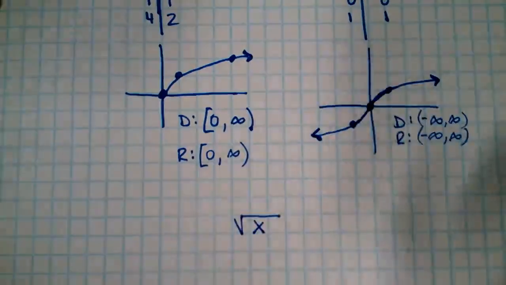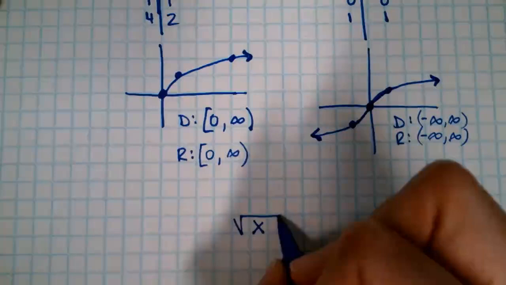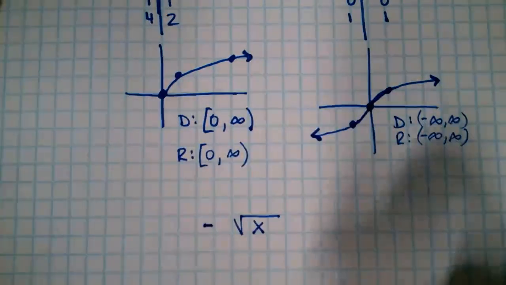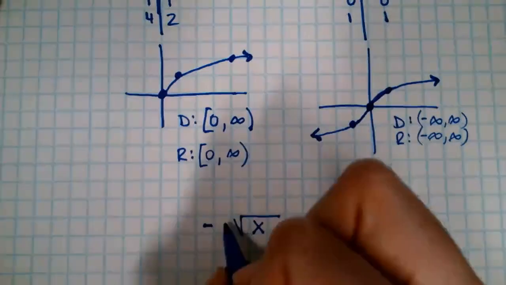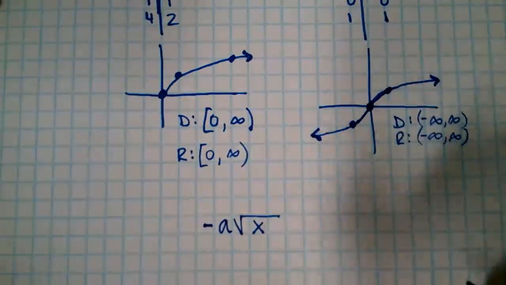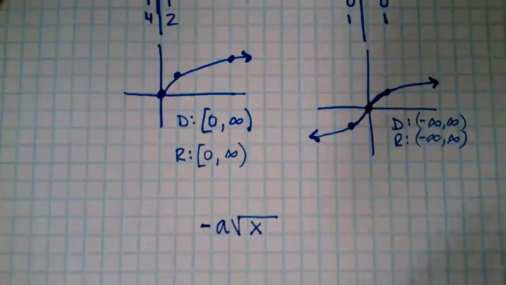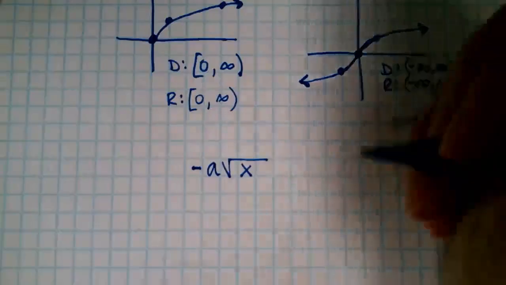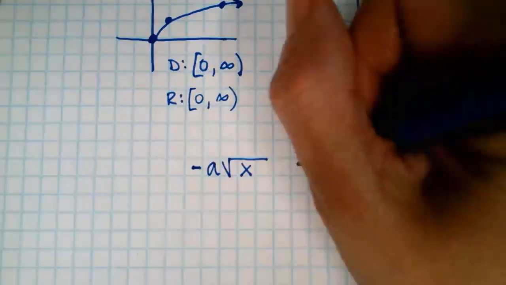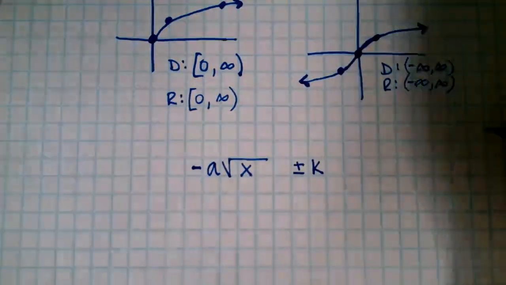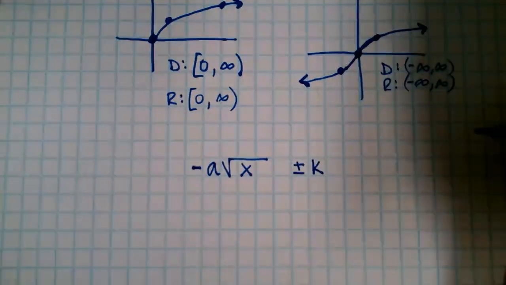If this is my square root function, stuff that happens on the outside, if I have a negative out here, or if I have a number out here, those are things that are impacting my y values. If I have a plus or minus some number on the outside here, that impacts my y values.